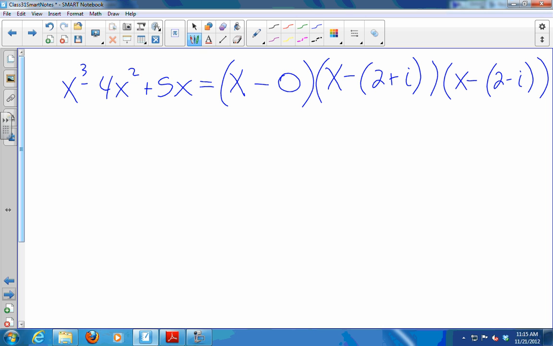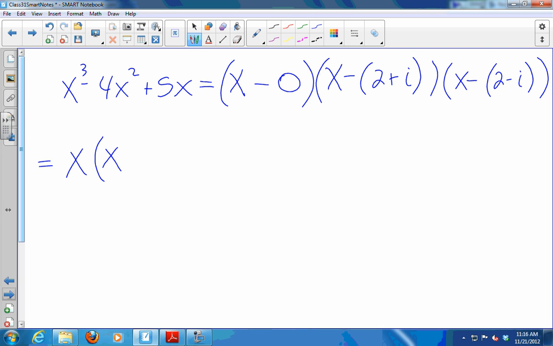Anytime you factor something, you can check to see if you're right by multiplying it back together. So let's see what happens if I do that. So x minus 0, I'm just going to write as x, because why bother writing minus 0? Times x.